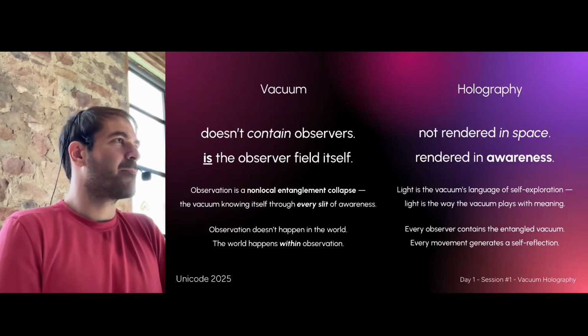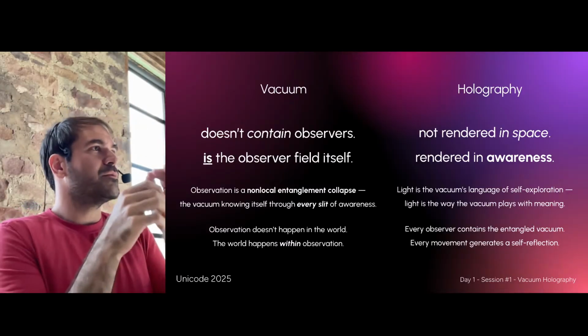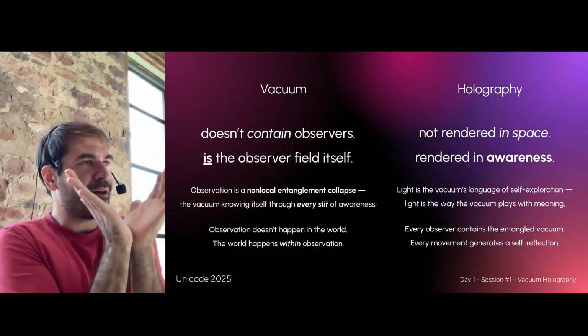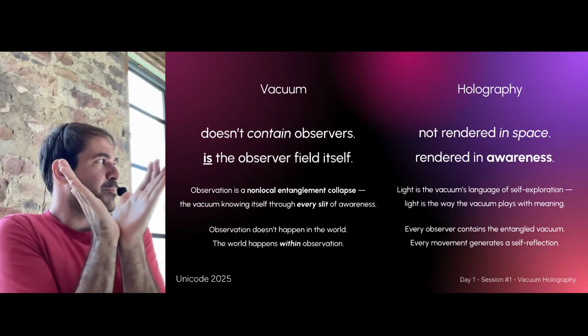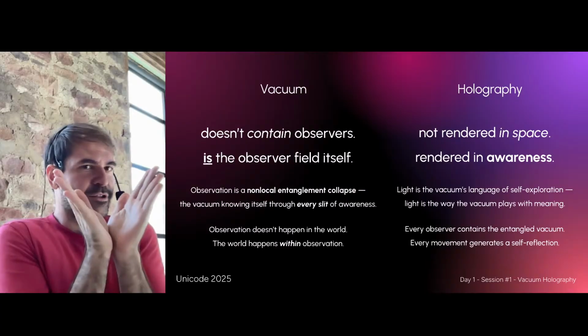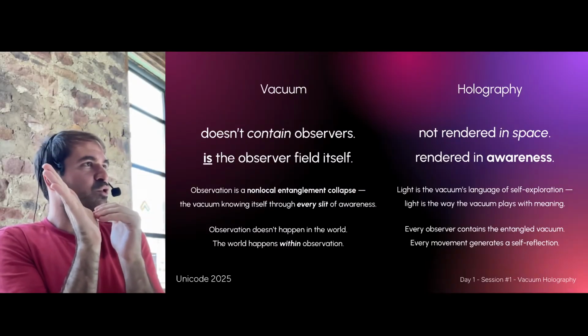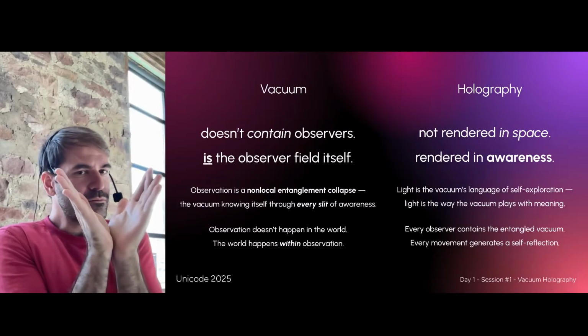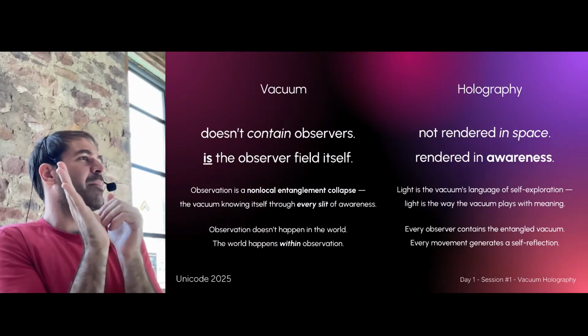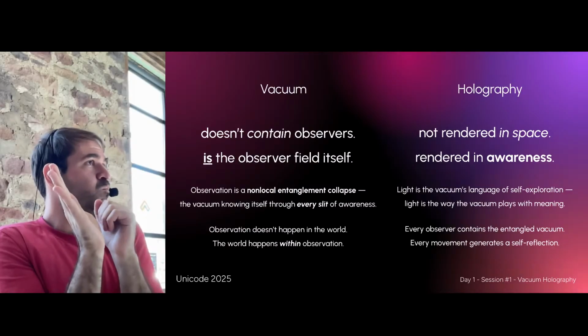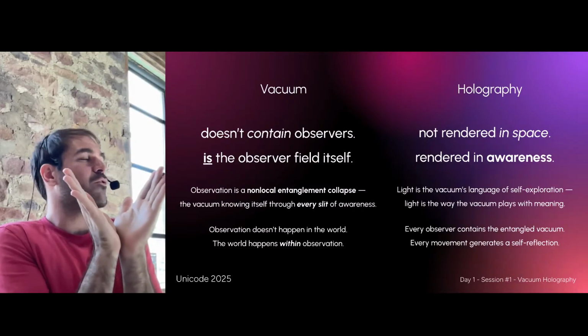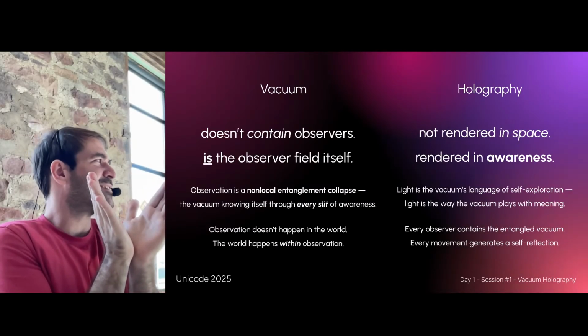So that observer portal that is the conscious manifold, even though those core code points, those diodes, might be obscured, every observer still contains the entangled vacuum.